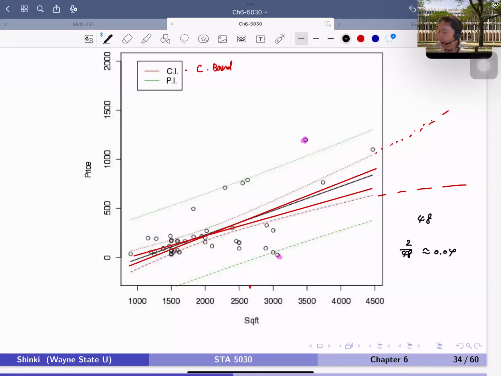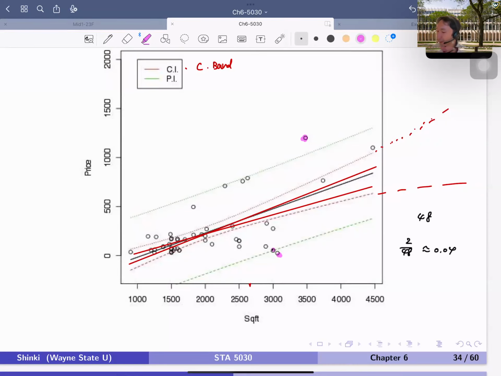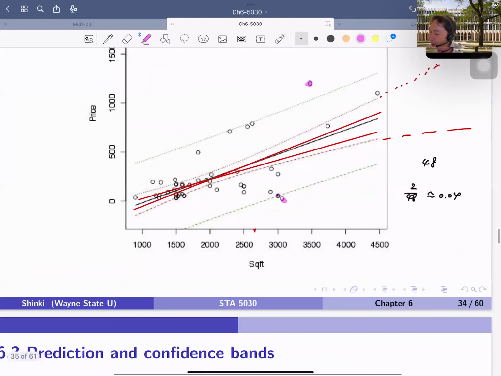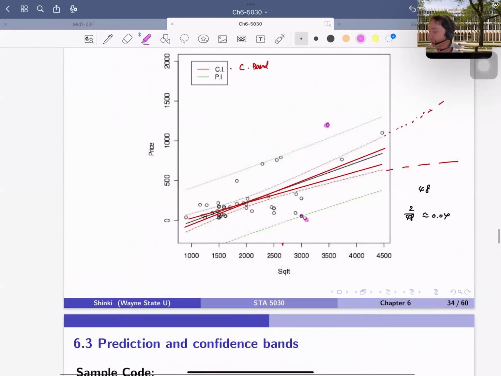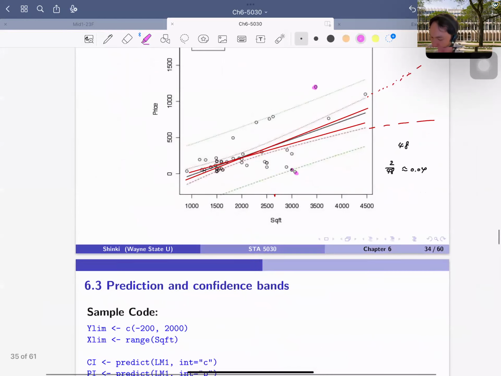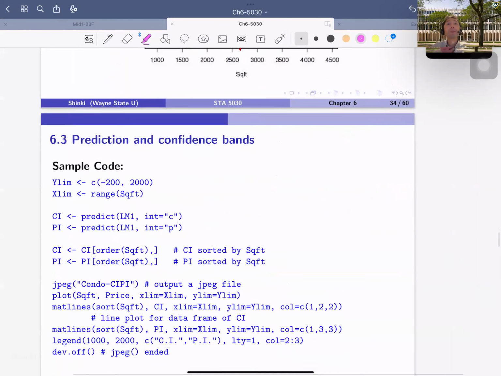So about 95% of observations are within the band. Actually, for this observation it's not clear whether it's inside or outside. But we can see that 95% of observations are within this green range. So that is the meaning of the prediction band: the confidence band is for lines and the prediction band is for actual observations. Any questions?